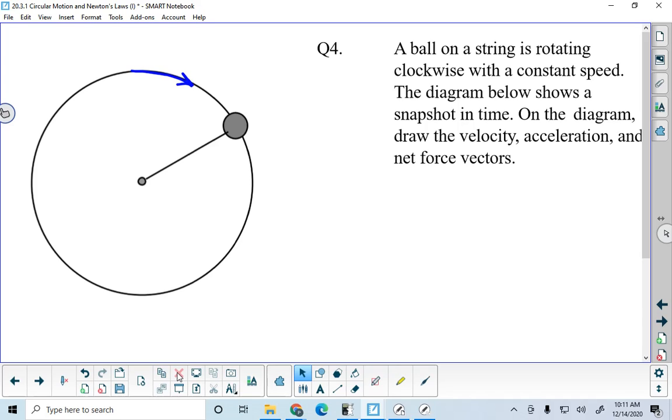Or if you're up for it, draw in pencil on your diagram a vector showing the direction you believe it's moving at that instant in time. Turn your camera on and show me. This is one of the most difficult concepts in physics.